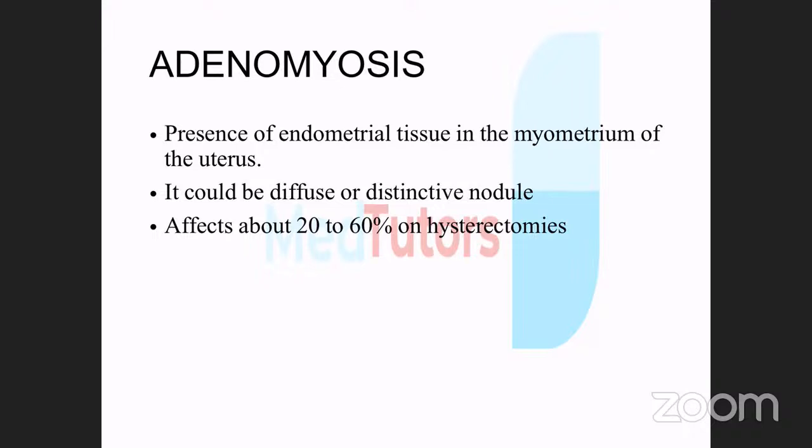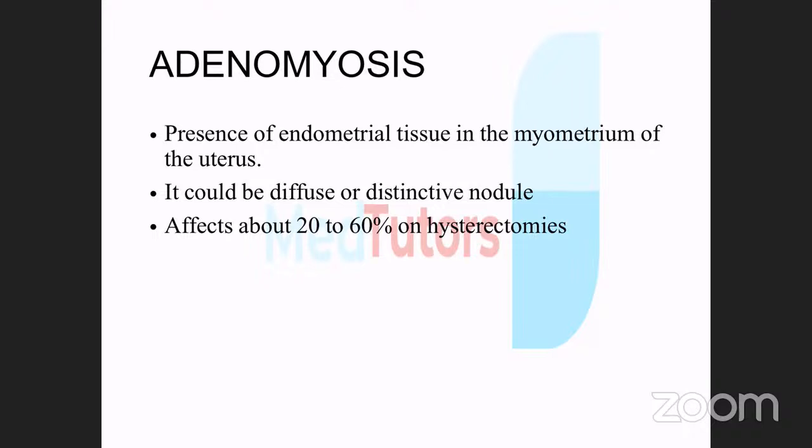The endometriosis that is located in the pelvic abdominal cavity, outside the uterus, is known as endometriosis externa. But the one that is deposited within the uterus is known as endometriosis interna. This is adenomyosis, the presence of endometrial tissue in the myometrium of the uterus.